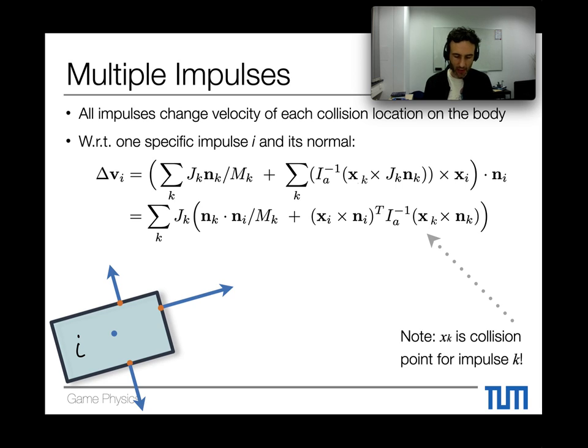So here in this equation we also have the individual locations of where the impulse is acting. Right, so these actually now are varying for all the k impulses that are being computed.